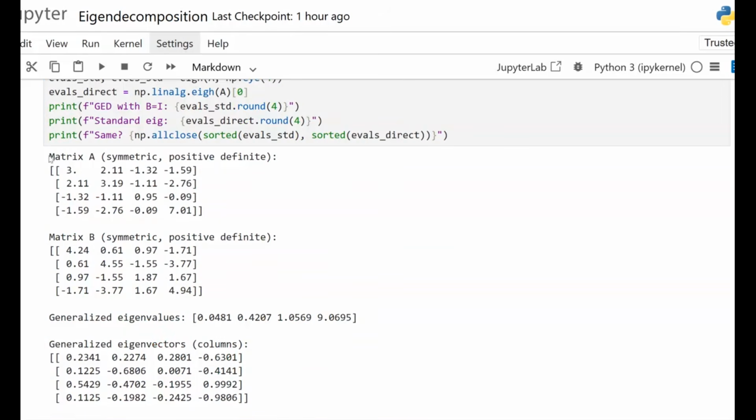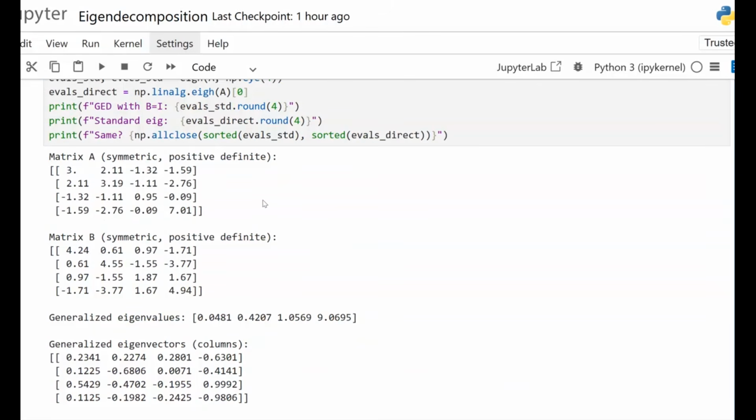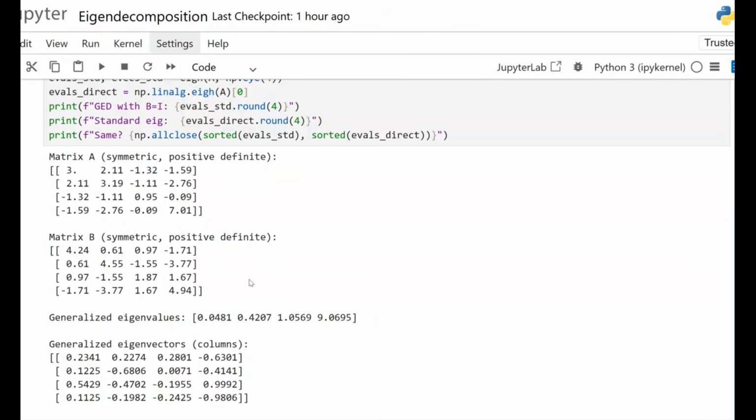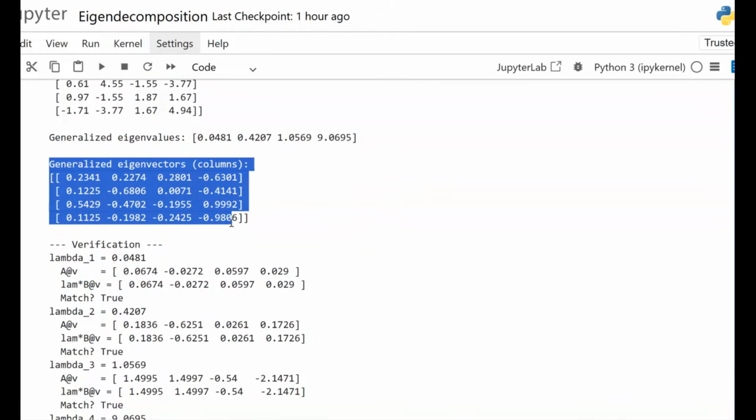And dear friends, kindly just observe, this is the matrix A. It is symmetric and positive definite, and the matrix B is also symmetric positive definite. Here we get the generalized eigenvalues, and we have the generalized eigenvectors towards the column.